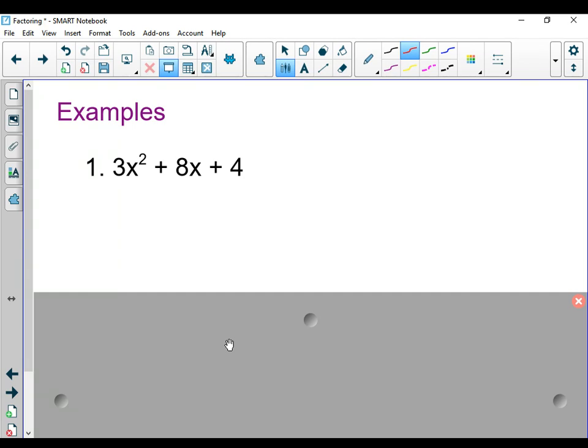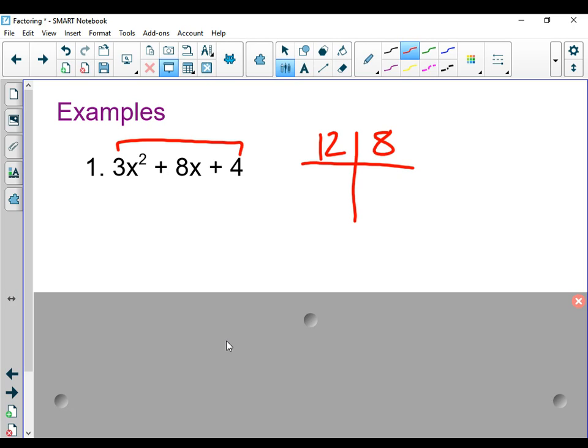Not the case. Some of us might know, hey, I at least multiply 3 times 4 and get 12, and factors of that get me 8. Okay, 6 and 2. Great. x plus 6, x plus 2. I'm done. No. Because as soon as you multiply your x's together, you don't get 3x squared.